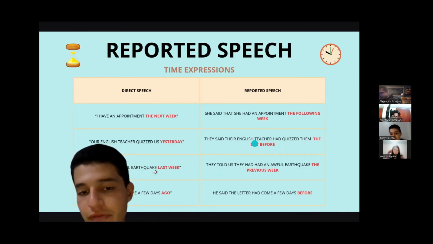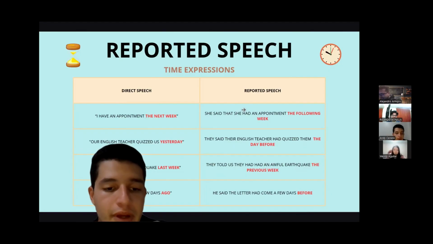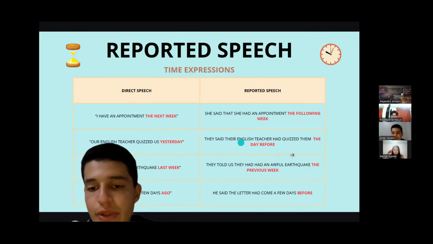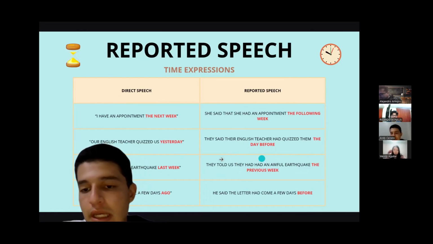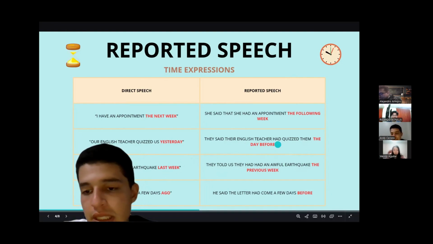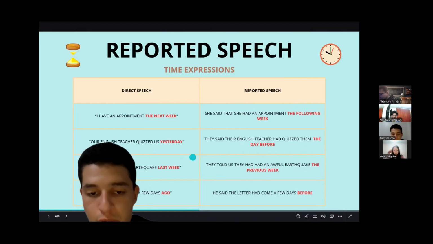Tomorrow, the day after. We have: I got an awful haircut last week. In reported speech: she told us she had had an awful haircut the previous week. Last week changes to the previous week. You must remember that.